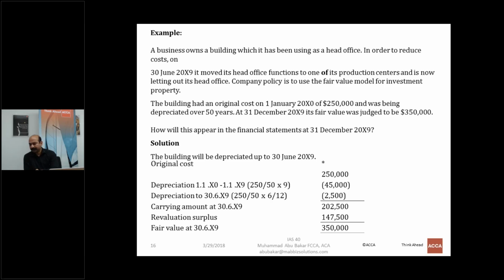We have another question from Ravi Kumar. If there is a change in accounting policy from cost model to fair value model at the end of the year, how will we reflect the impact in financials?